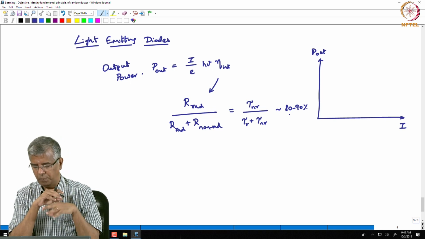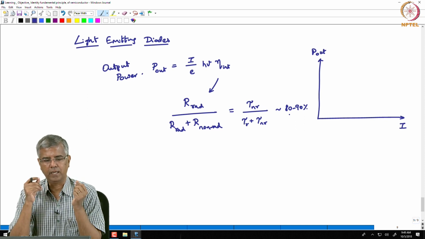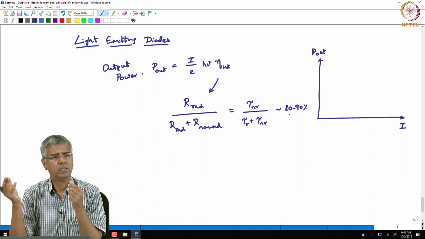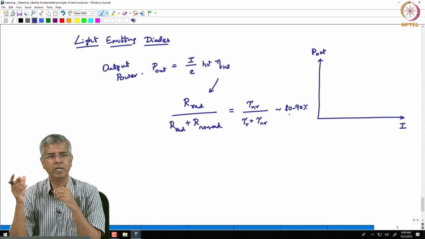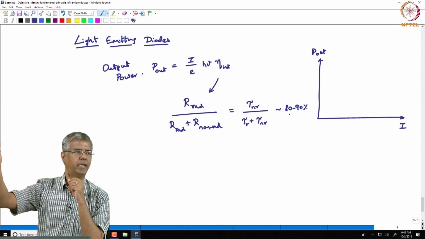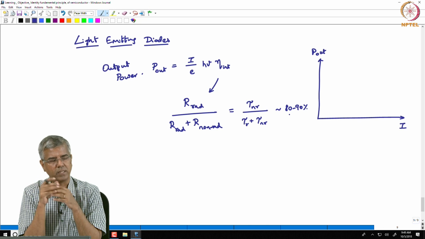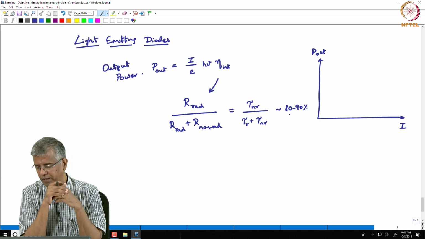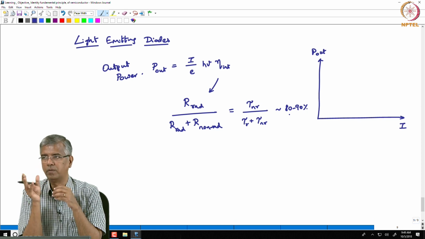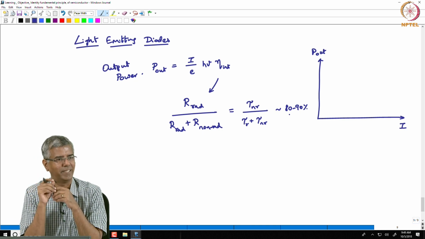If you want to get these visible LEDs, that is how we are getting this visible light. You would ask about these, because gallium arsenide is typically used for longer wavelength emission. But for these you use a material called gallium nitride.